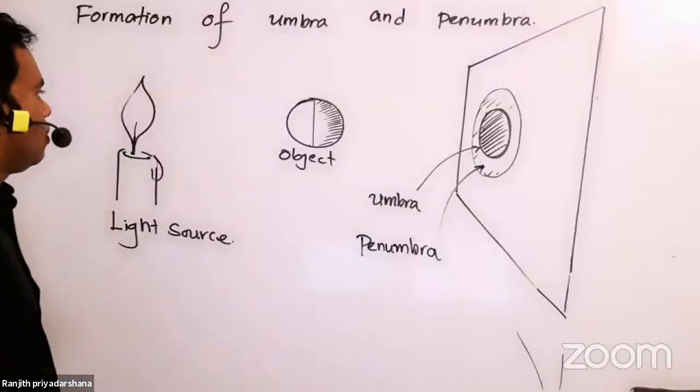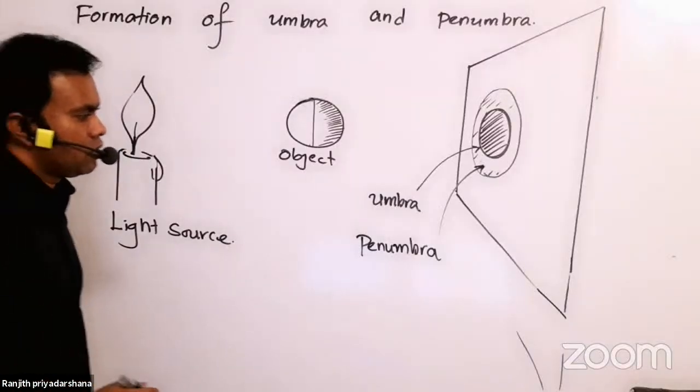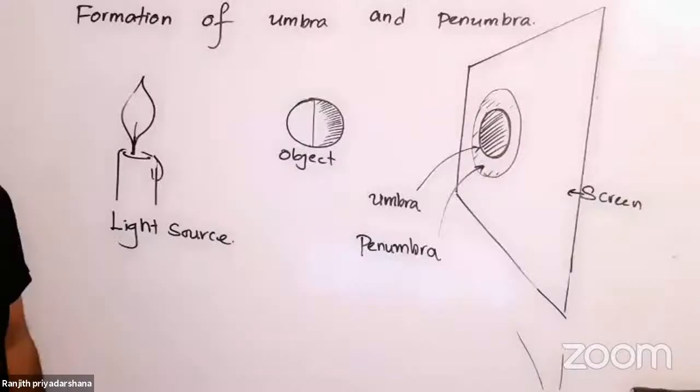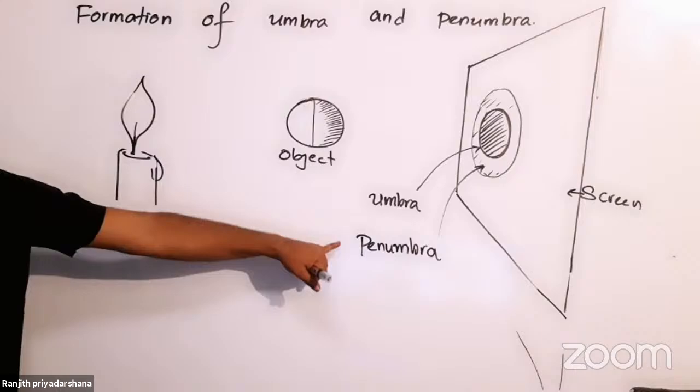Okay, so let's take this down. So this is the screen. Is there no antumbra? We are talking about umbra and penumbra.